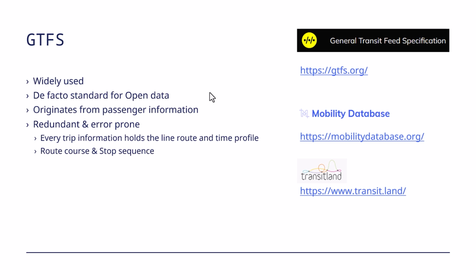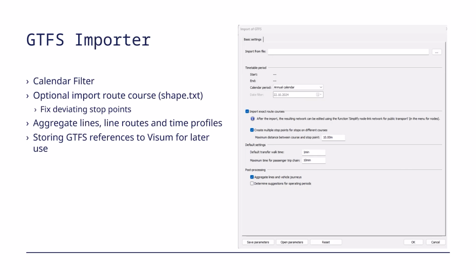You might all know GTFS. It's widely used and a standard format. But it served another purpose in the beginning. It was made for passenger information. Exchanging complete network and timetable information is not the original task. And therefore, the format is very redundant and error-prone, and we try to minimize these effects in our importer.